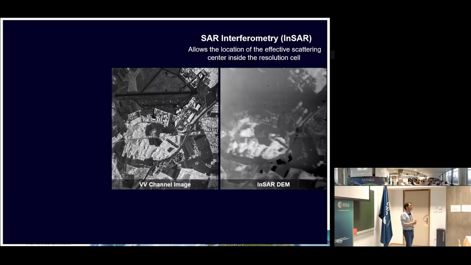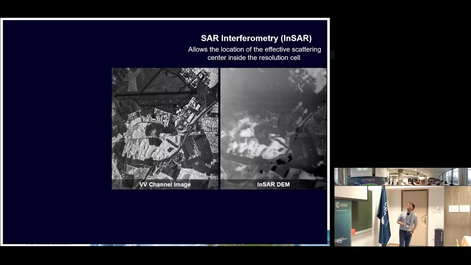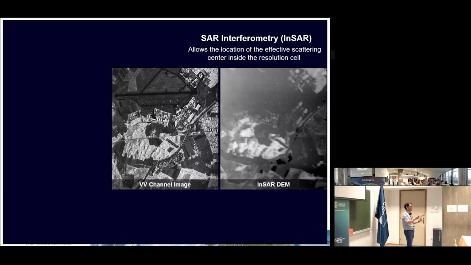And now you start to get information about the third dimension. And therefore you can start to think now that, again with interferometry, maybe with a bit of models, now you can start to separate scattering contributions which are at different heights in the same cell.